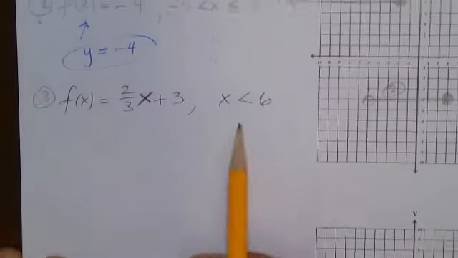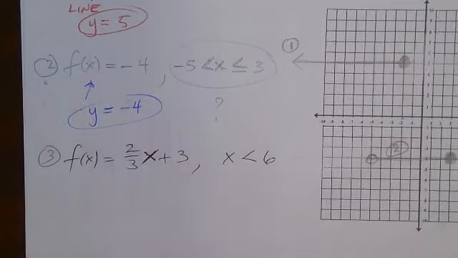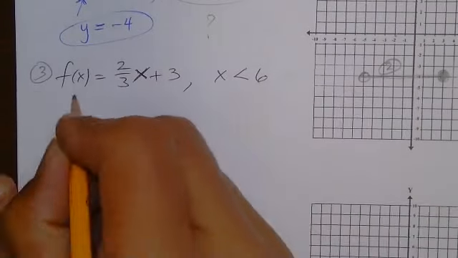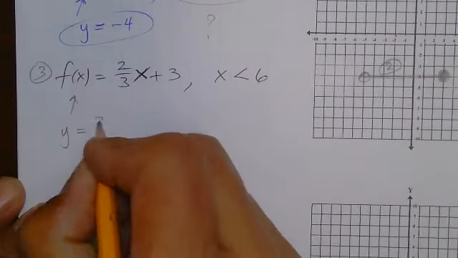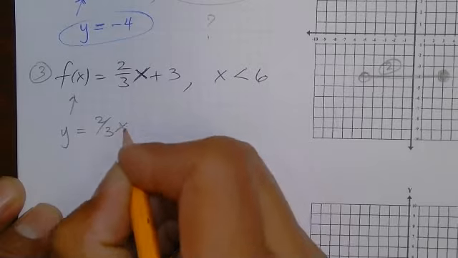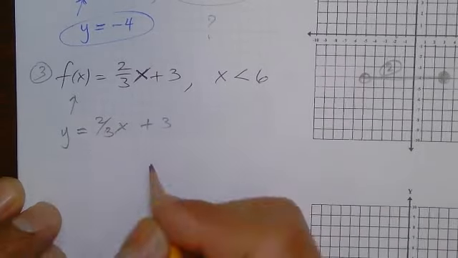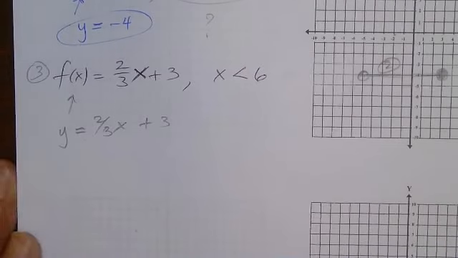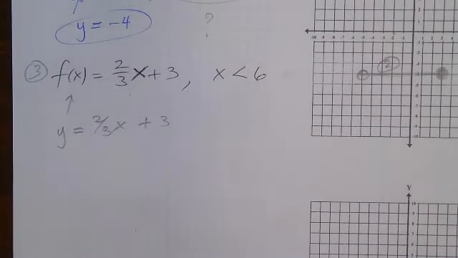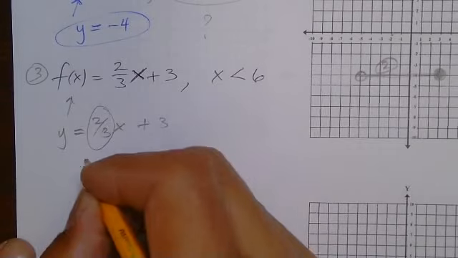This is a line, but not a simple line like numbers 1 and 2. This is y is equal to 2/3 x plus 3. This line has a slope and a y-intercept. Does anybody remember that? A slope and a y-intercept? Yes.